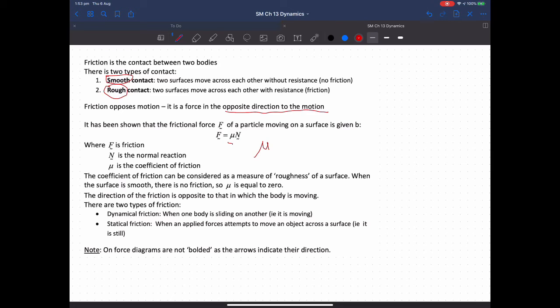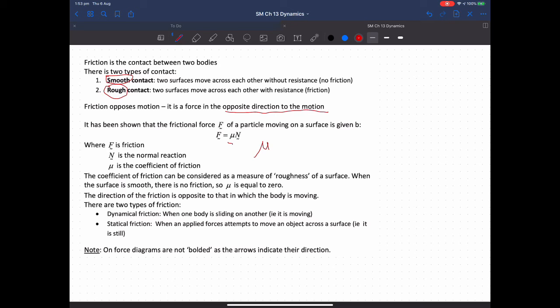There are two types of friction. For the most part, we will deal with dynamical friction. That is the study of dynamics, the name of this chapter. Dynamic friction occurs when the body is moving.